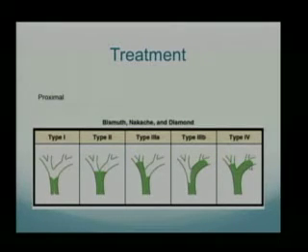Type 4, again, you'll have to resect the primary biliary radicals for both the right and the left, and then essentially do an anastomosis to the secondary biliary radicals on both sides. Important to remember: if the secondary biliary radicals on both lobes of the liver are involved, that's a contraindication to surgery.